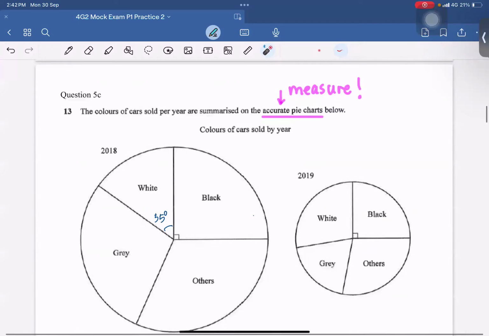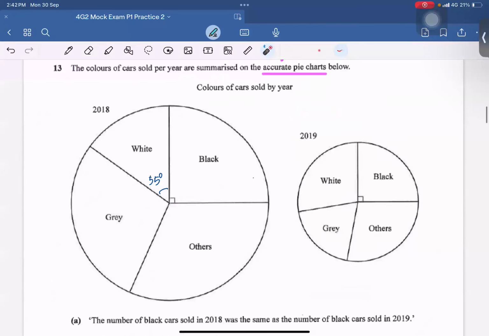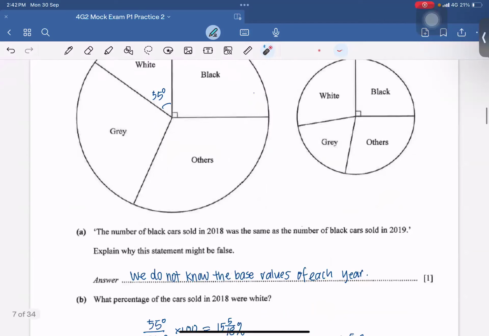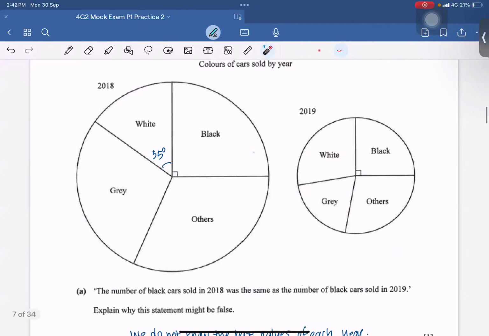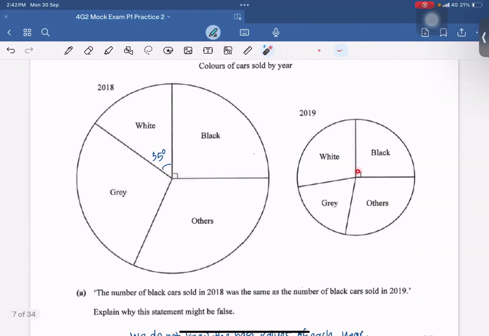Now, I purposely chose this question because yesterday I wanted to highlight this. Okay, first part. Explain, they like to ask recently, explain why is it like that, right? Explain why this statement may not be true. They say the same number of black cars. Black car is 90 degree, black car also is 90 degree.